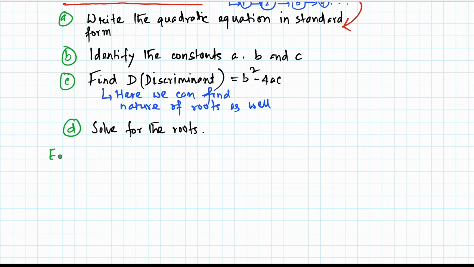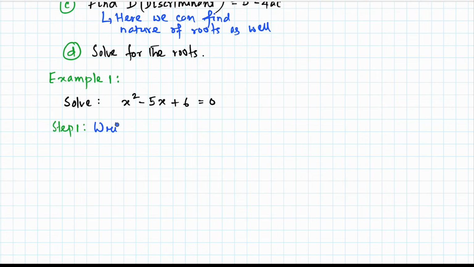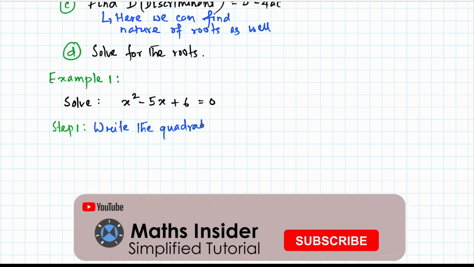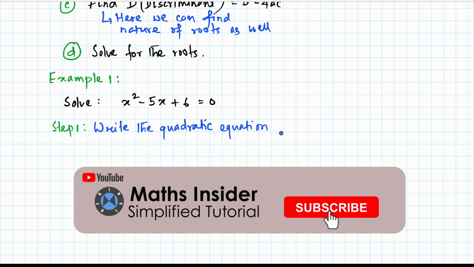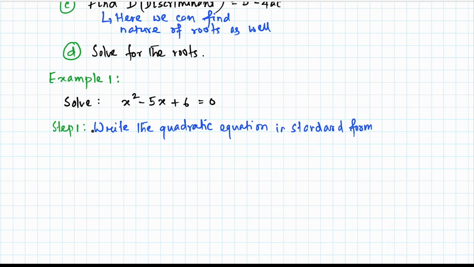So let's take an example. Solve x square minus 5x plus 6 equal to 0. Step 1: write the quadratic equation in standard form. The given equation is already in standard form.